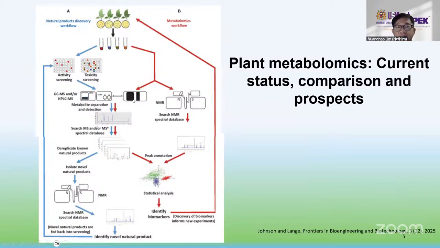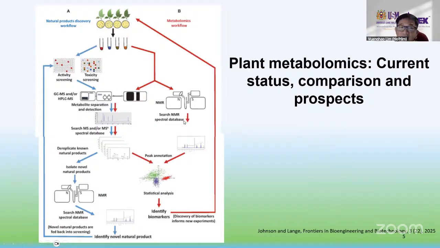In terms of the current status of plant metabolomics, it has evolved rapidly over the past decade. Advances in high-resolution mass spectrometry, computational analysis, and bioinformatics allow us to detect thousands of metabolites in a single experiment.